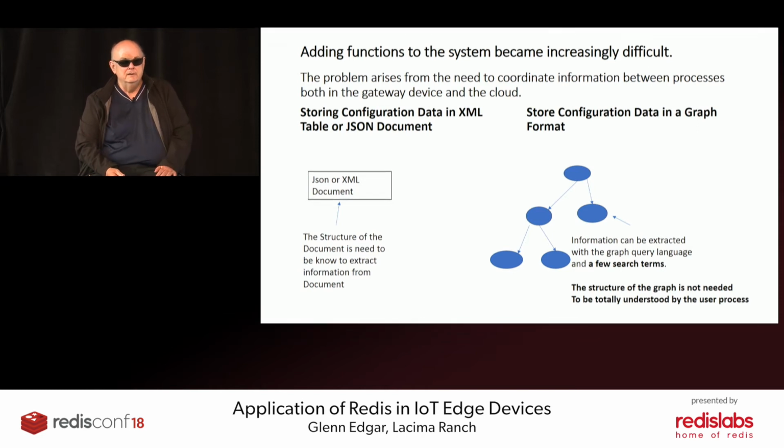So if I store it in a conventional way, like in an XML database or a JSON document, I've got to know the structure of that data. And if I change the structure of the data, then it changes things. If I store it in a graph database, I basically only need a few query terms to find my information. If I change the graph, it's very easy.